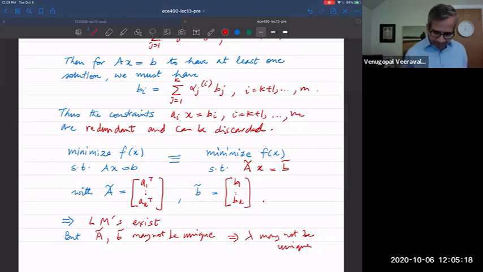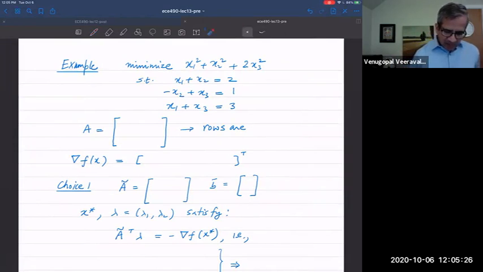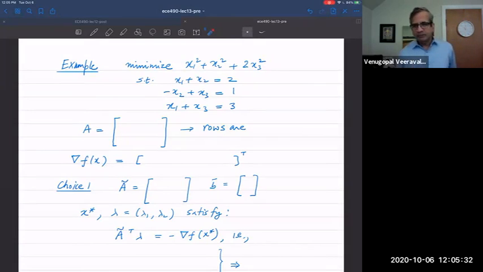Let's do an example. All right, so you have this convex function with these linear constraints. Actually, convex function with convex constraints. So you know that every local minimum is a global minimum for this function already beforehand.